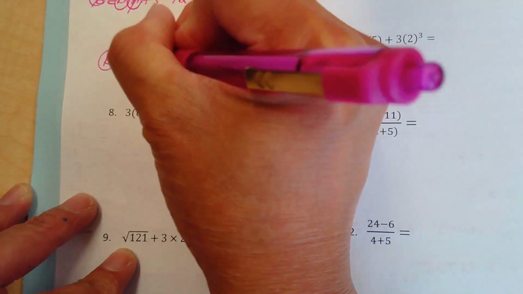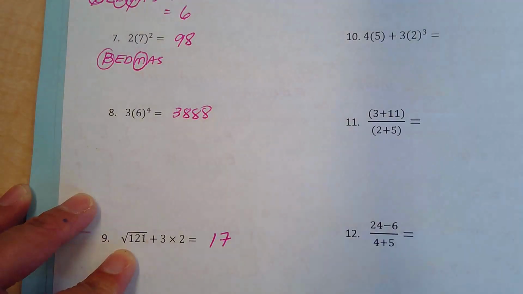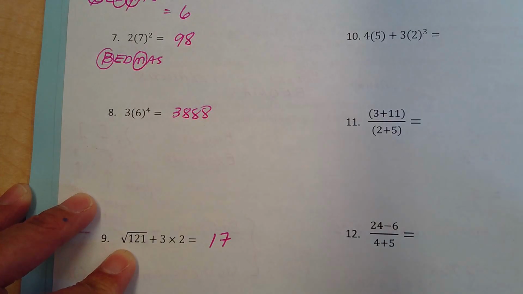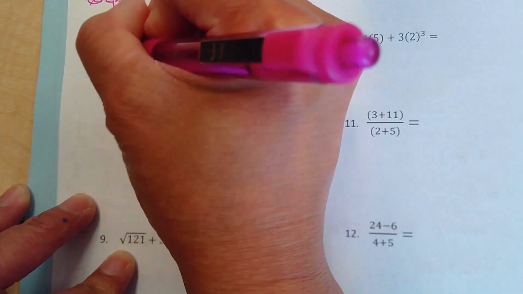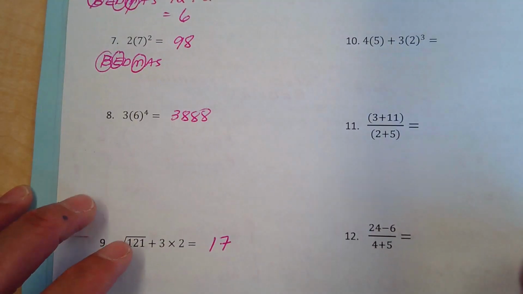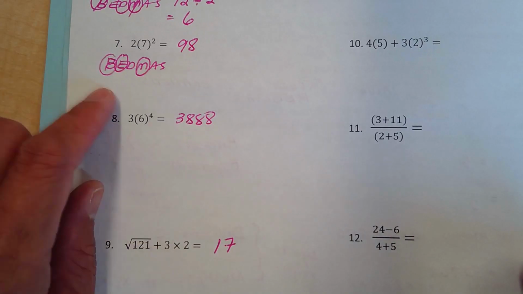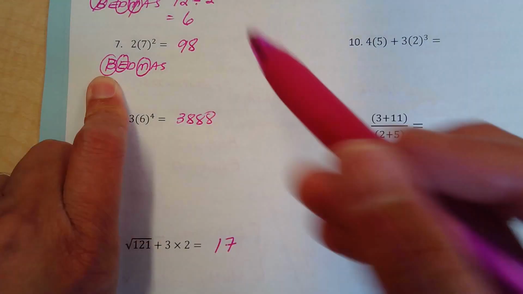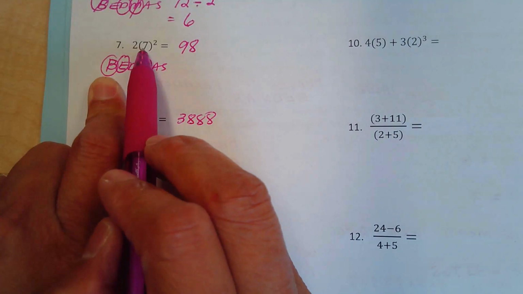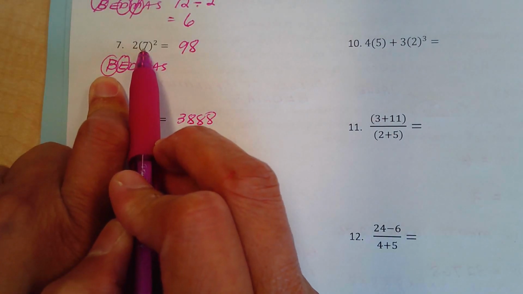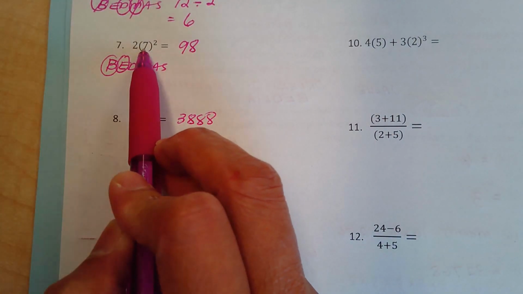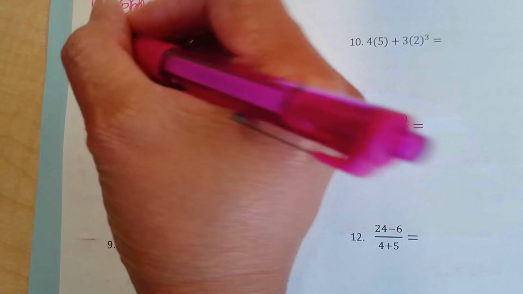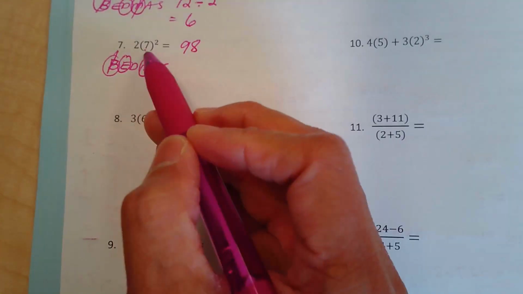Multiplication, yes. And the square, the exponent, right? So which one are we going to do first? It says brackets. So inside the brackets in here, it's just 7. So there's nothing to work out inside the brackets, right? So that's okay. And then what else?